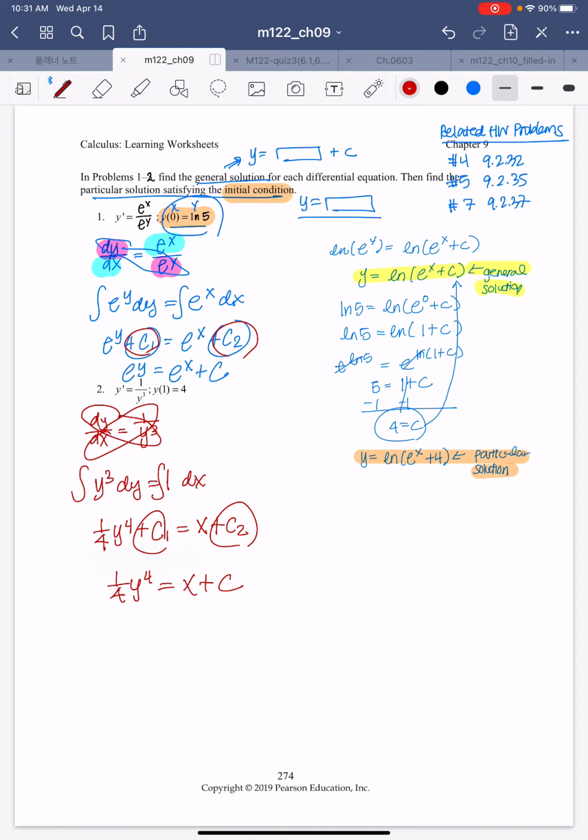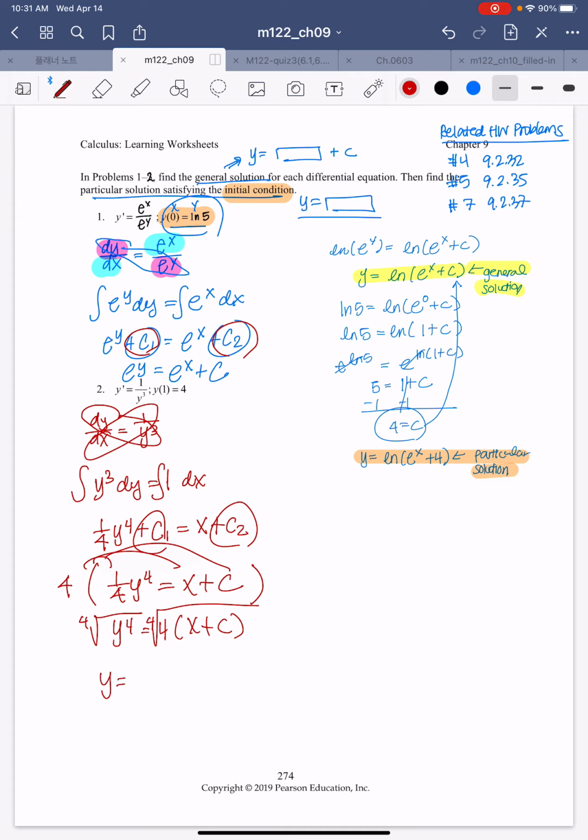We need to solve for y, so I'm going to multiply the entire equation by 4. So I'm going to have y to the 4th equals 4 times x plus c. Okay, and then I'm going to take the 4th root to get rid of my 4th power.